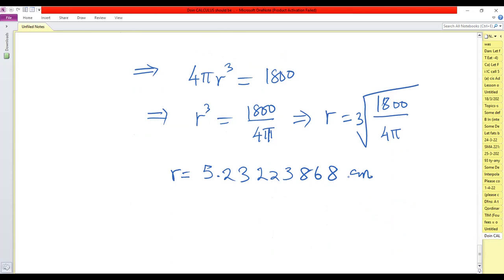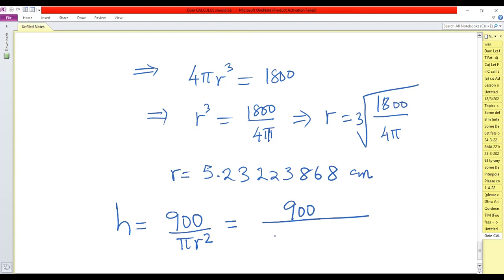And then H, we have seen that H is given by 900 divided by pi R squared. So which will be 900 divided by pi times 5.23223868 squared.